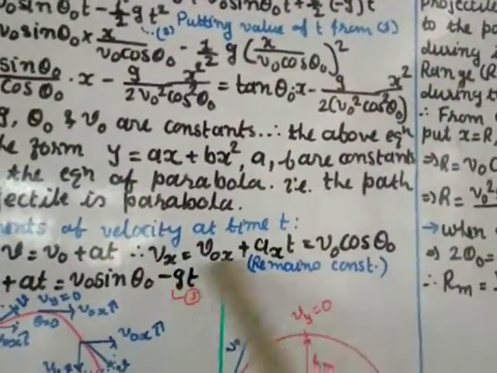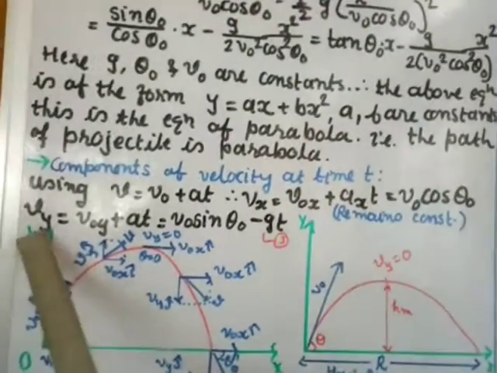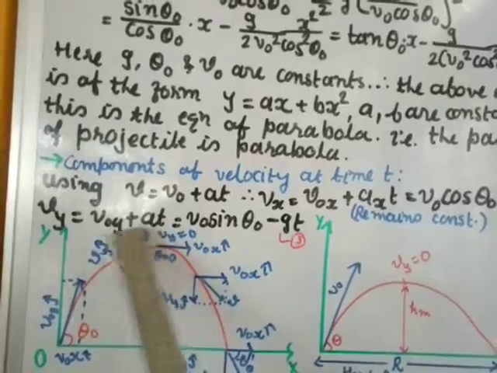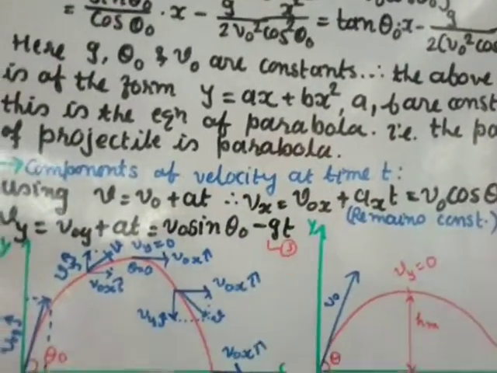So vx will become v naught cos theta naught. For the y component, vy equals v naught y plus at. Now v naught y is v naught sin theta naught, and ay is minus g. So it is v naught sin theta naught minus gt. Call it equation number 3.